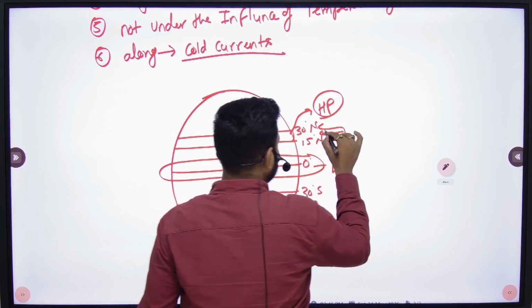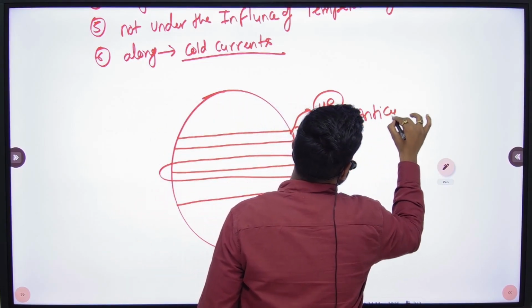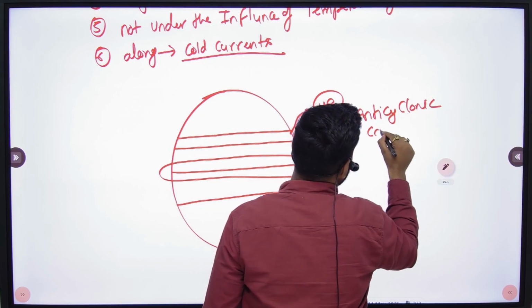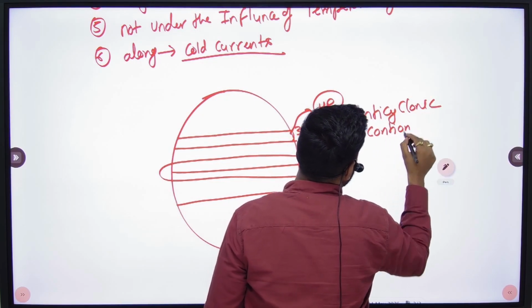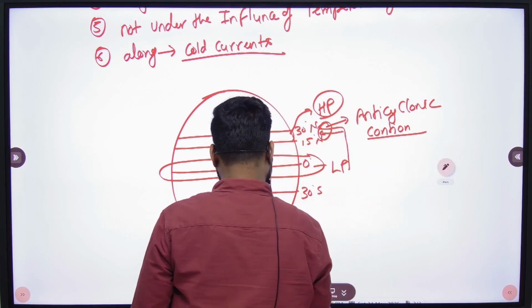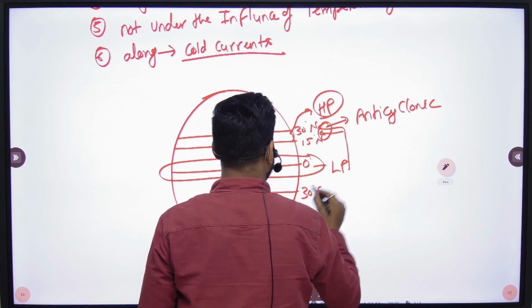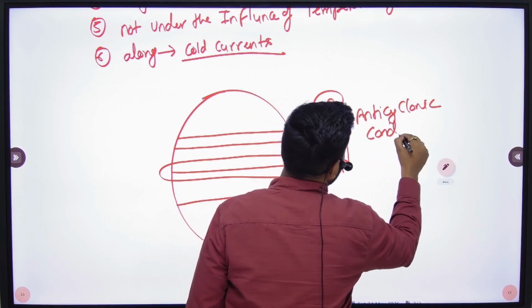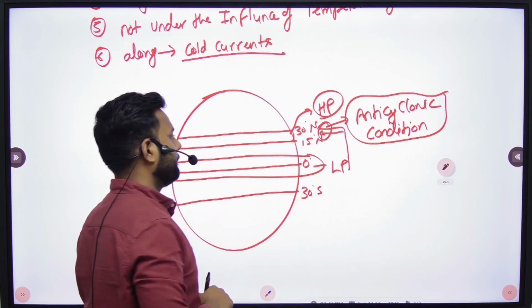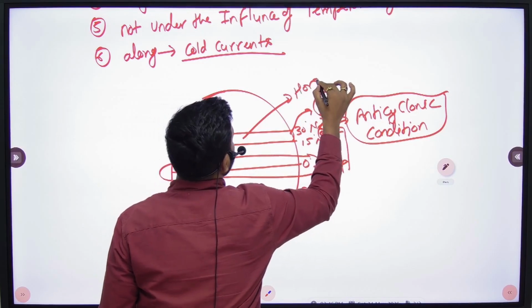So when it suppresses down, it creates anti-cyclonic conditions. Anti-cyclonic condition is the opposite of a cyclonic condition, which means the condition of rainfall. So this is the anticyclonic condition. And this is also called the horse latitude.